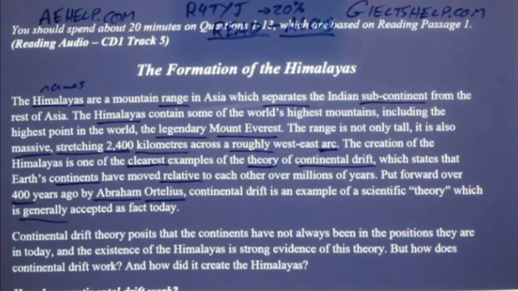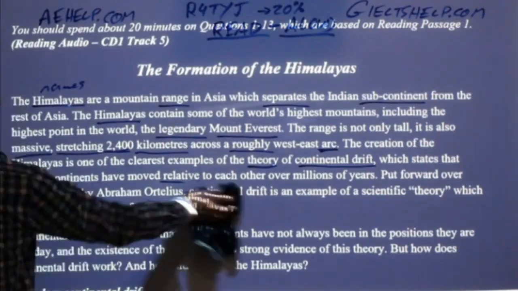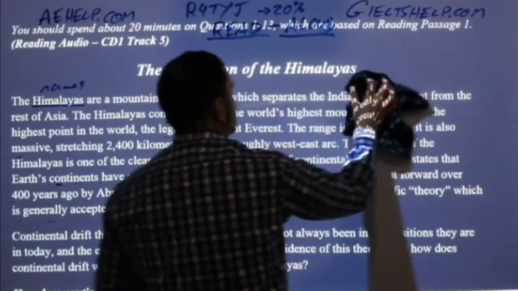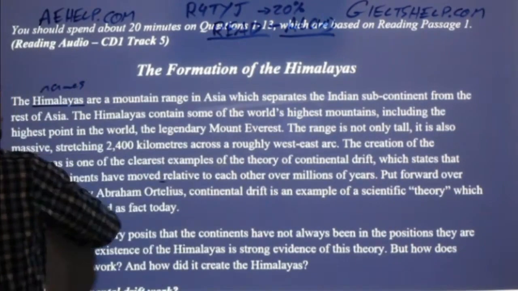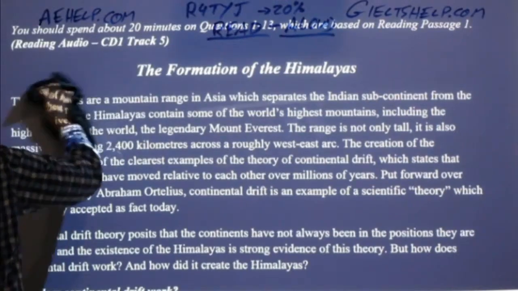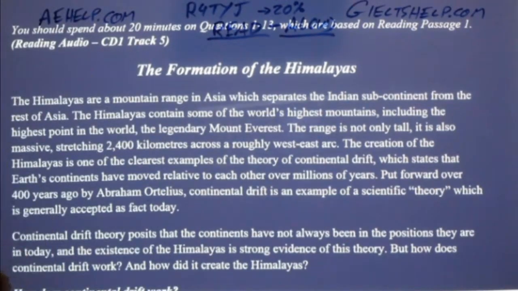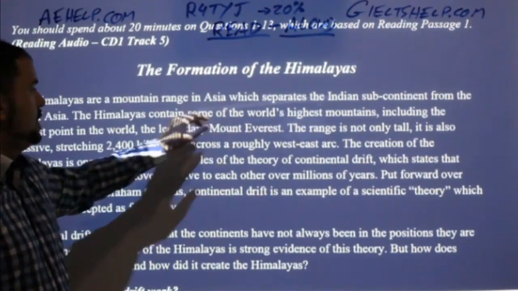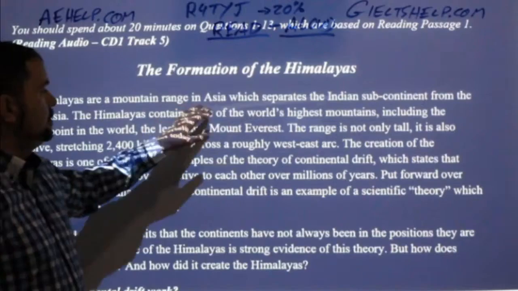Okay, so right now I'm going to read phrases and then sentences. Now, phrases and sentences are usually separated by conjunctions and adverbial pronouns. So here we go. Read with me, okay? The Himalayas are a mountain range in Asia.